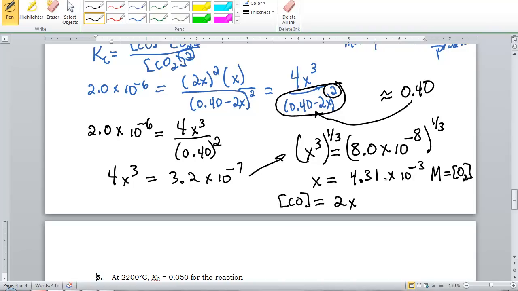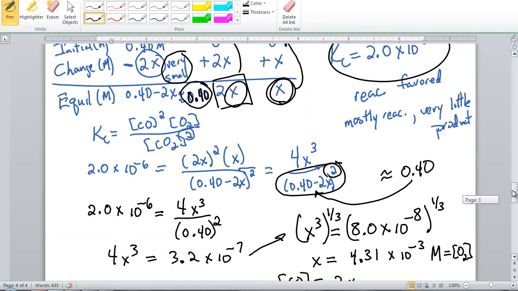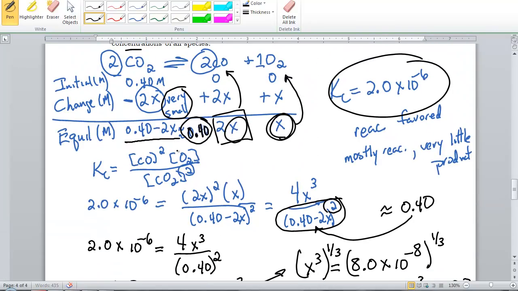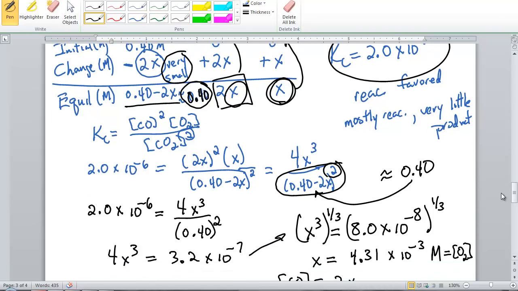All right. Now, let's actually see if our initial concentration didn't change very much. So what is the concentration of our reactant CO2 at equilibrium? Yeah, it's 0.4 minus 2x. Now we assumed that stayed about 0.4.